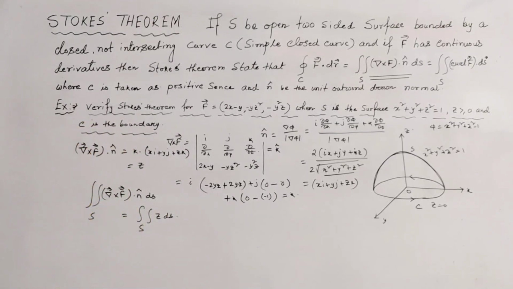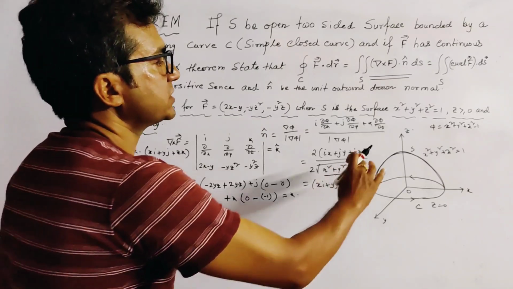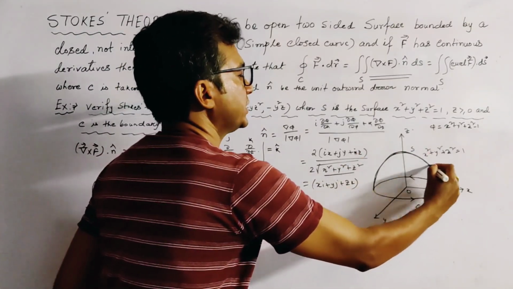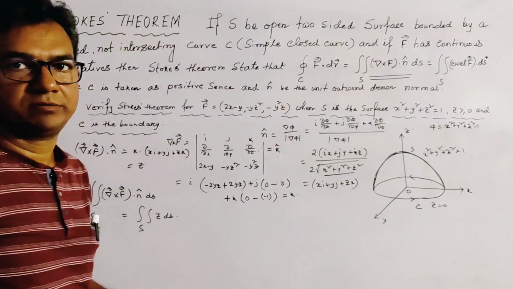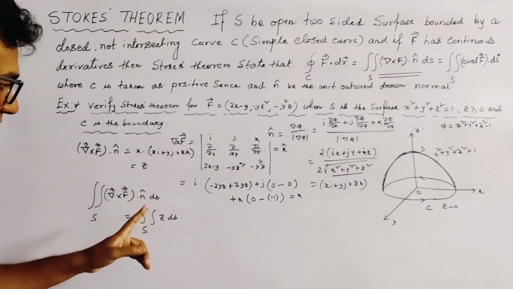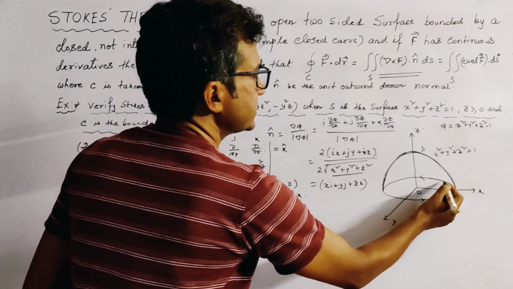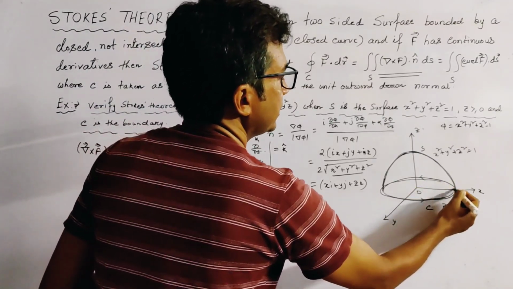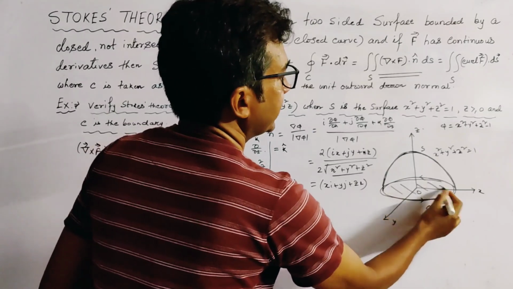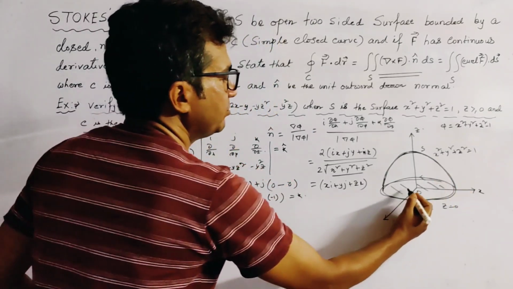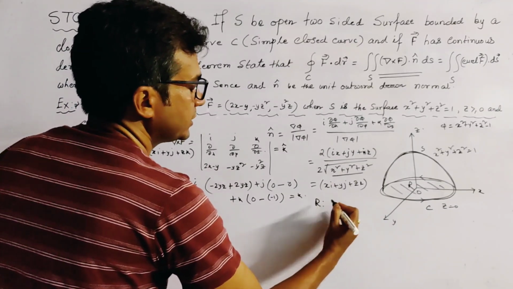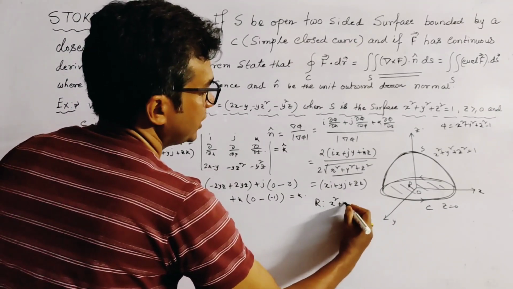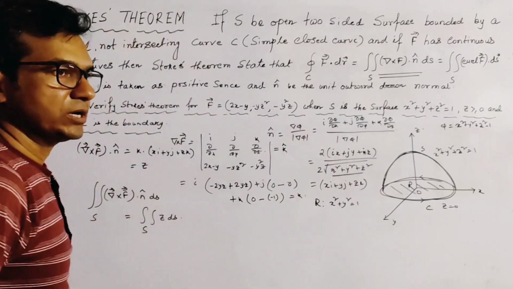Now here we project the surface S on the xy plane. The projection of the surface S is a circle, and this is a region, let it be R. The region R is given by x squared plus y squared equal to 1.